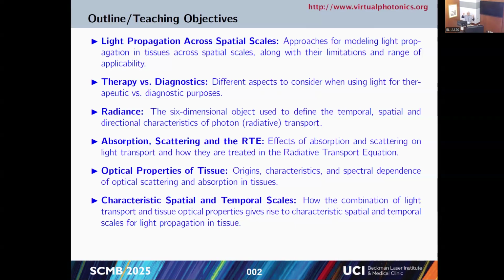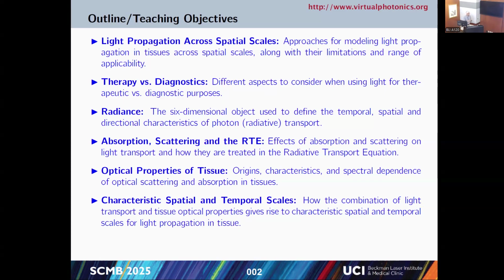You have time, because obviously you can have a temporally varying source, so that's 4. And then you have directionality, because from a given point, the light can travel in any direction. And so the most efficient way to parameterize that is direction around a unit sphere. So you have a polar coordinate and you have an azimuthal coordinate. So this is a six-dimensional object.